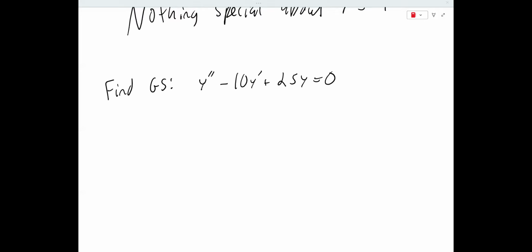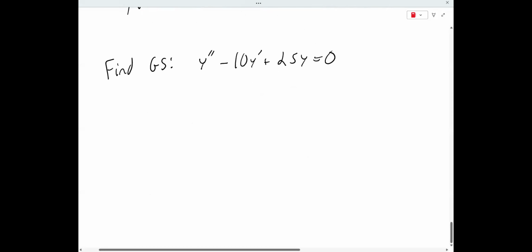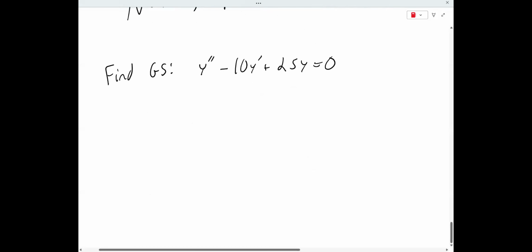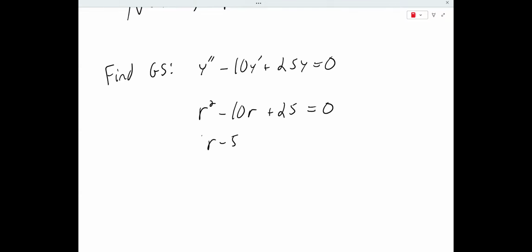I want to find the general solution here. First thing, write down the characteristic equation. Right, and so I get r minus 5 squared equals 0. So this is the repeated root situation.